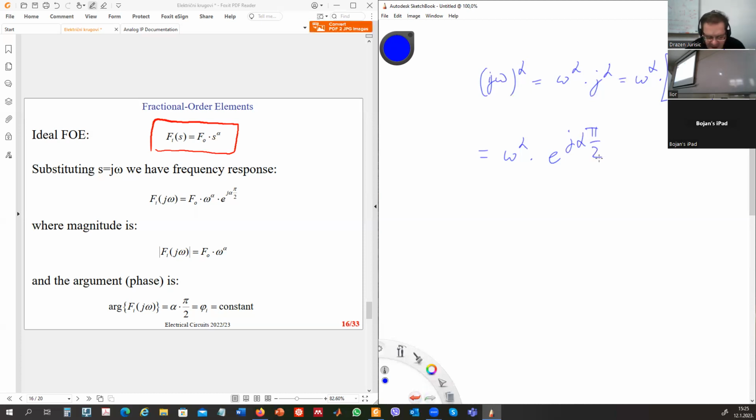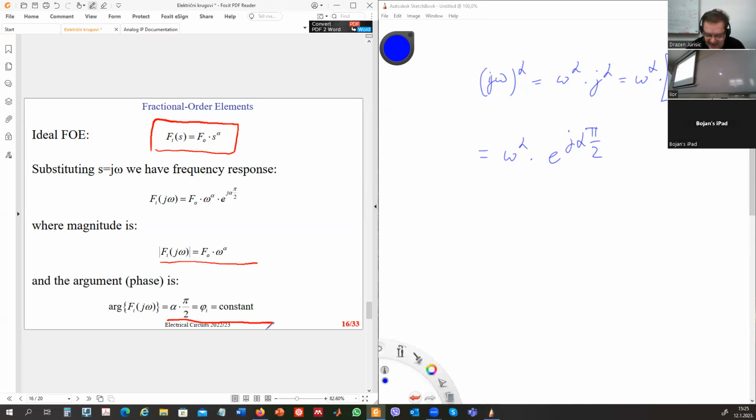This is important. Of course, to obtain the magnitude we multiply it by F0, but it doesn't matter. So the magnitude is here, and the phase is alpha times pi half. It is here, so the phase is constant.